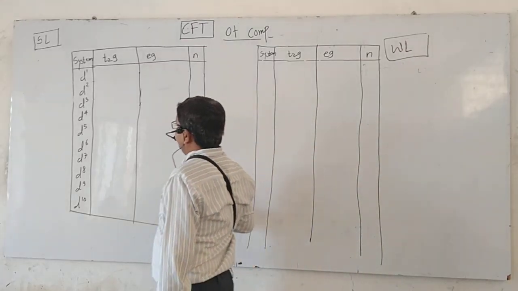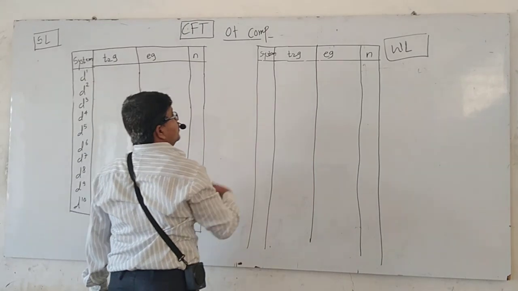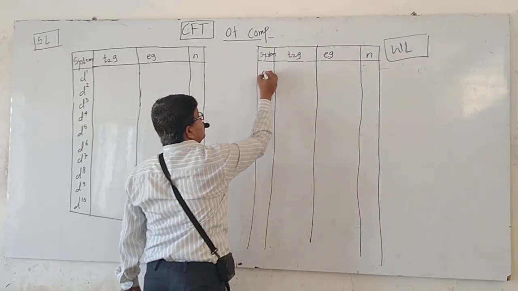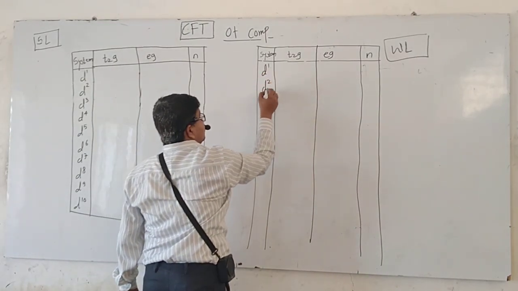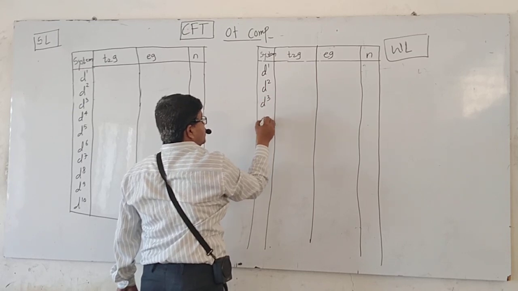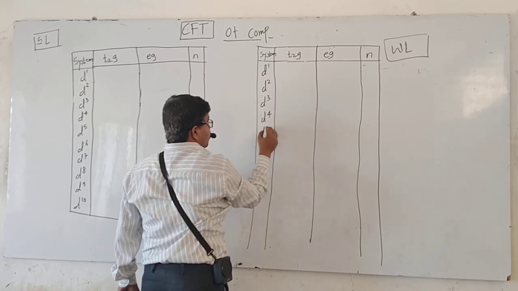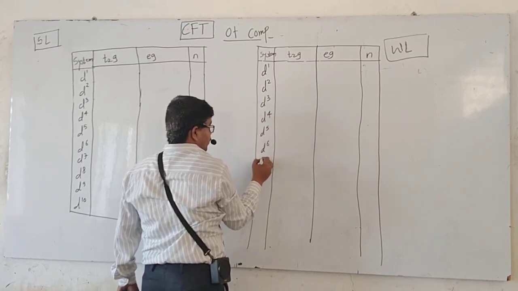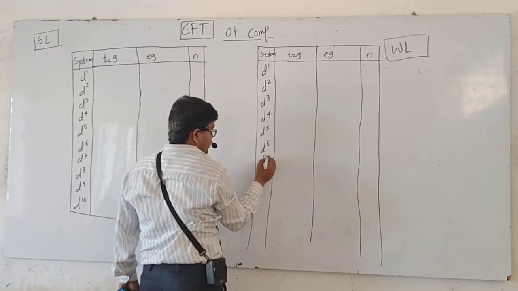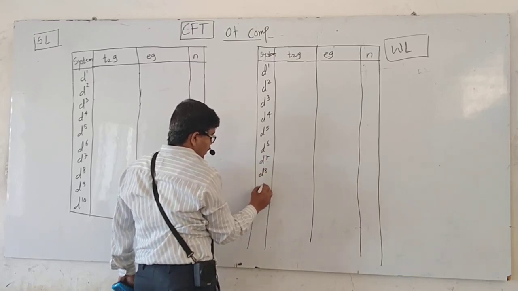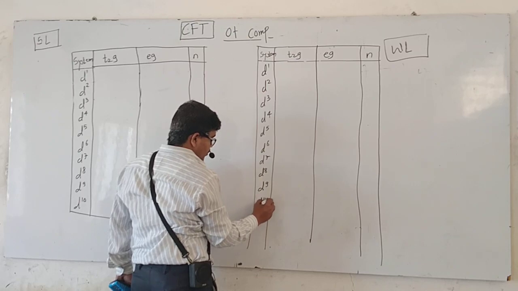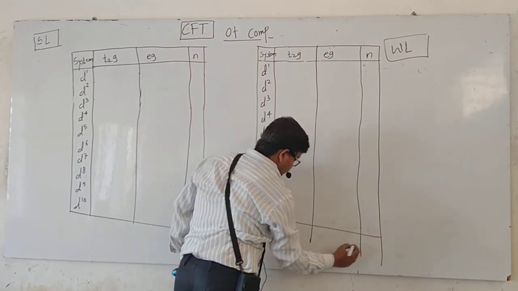Now D1 to D10. Similarly for weak ligand also D1 to D10. D1, D2, D3, D4, D5, D6, D7, D8, D9 and D10. Okay.